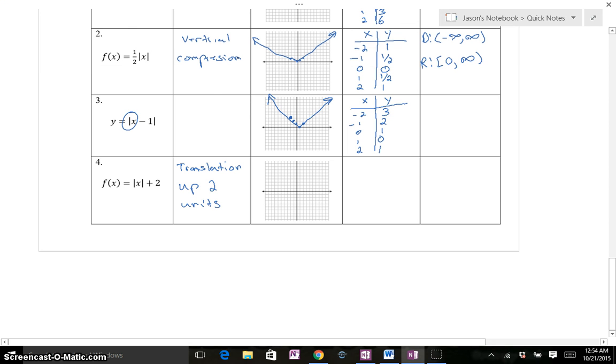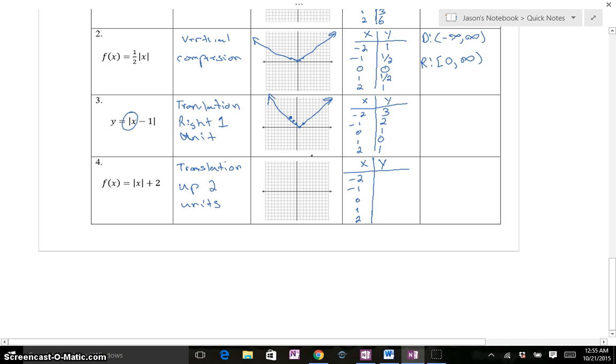So I just want my pen. This one's a translation as well. Make our table: -2, -1, 0, 1, and 2.